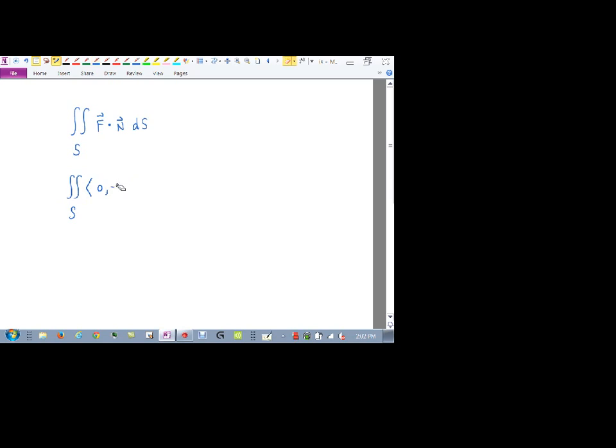God, I need to do a reset on my computer. 0, y, negative z, right? And I want to dot that with that vector, 0, 1, 0, dS. Then what do I get? I get y, don't I?